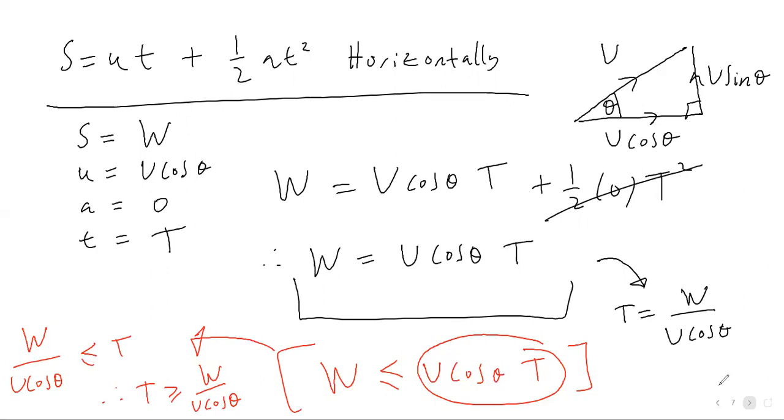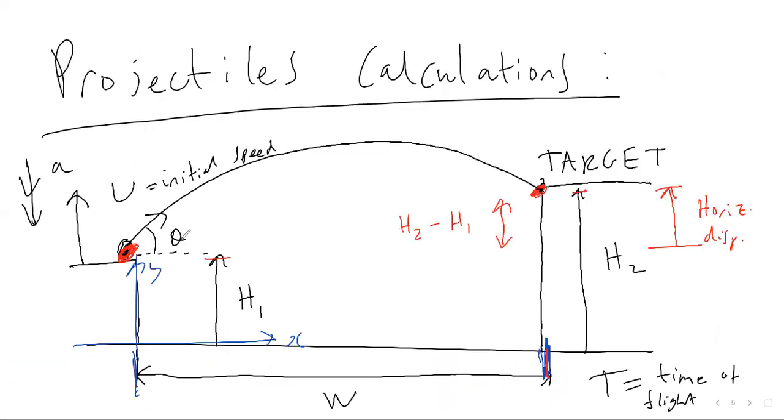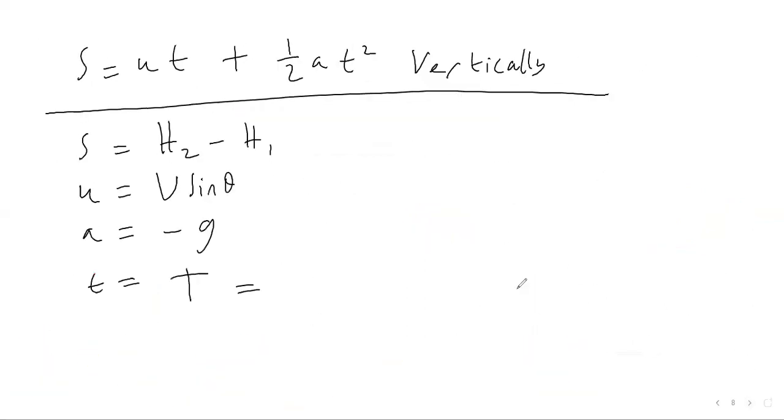But in the standard case where you're going from this position and you want to hit that specific target there, obviously we get the equal sign. So I'm just going to write the equal sign there. We got T is equal to W over U cos theta.